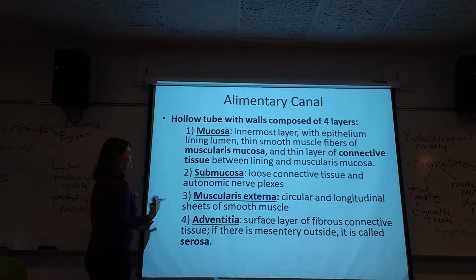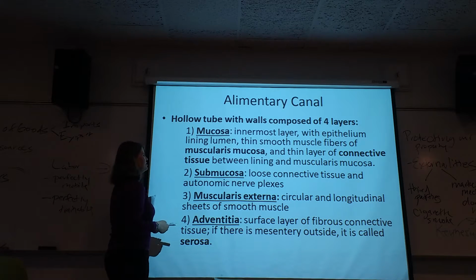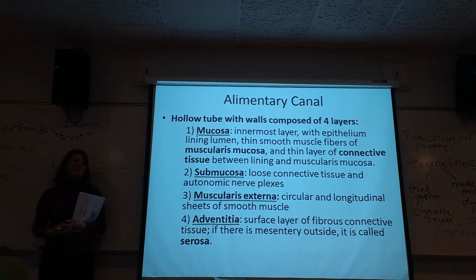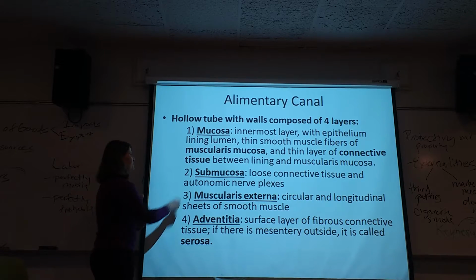And then in addition to epithelium and the muscularis mucosa, there's also a thin layer of connective tissue between the lining of the mucosa and the muscularis mucosa. So in between the epithelium and the muscle is connective tissue. Okay, so that's the mucosa.